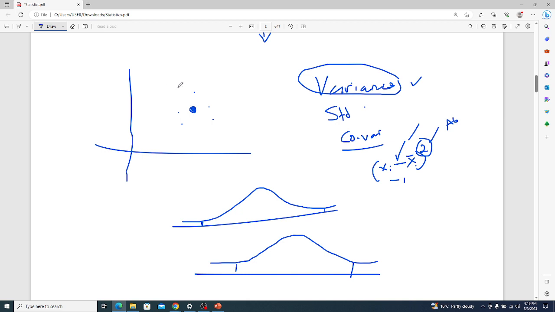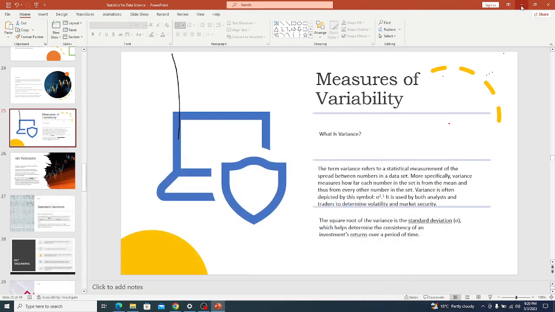Let's assume this is the mean, and we have our data points here. The squared distance is our variance. And then we also have standard deviation, which is basically the square root of variance.